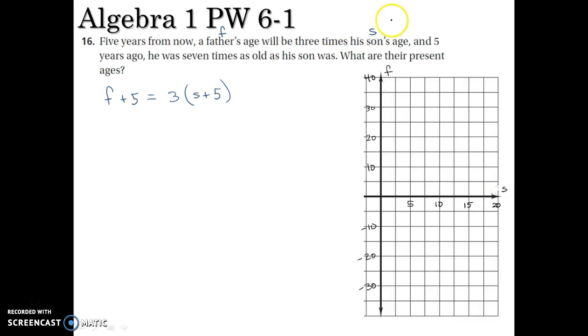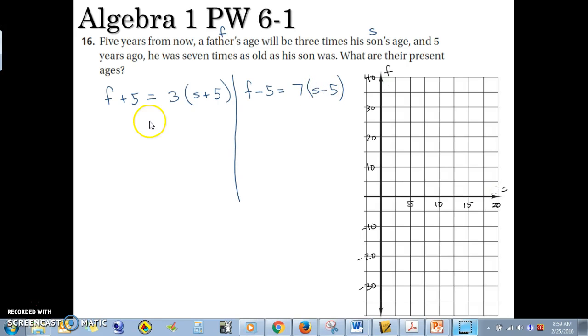Alright, what's the other one? 5 years ago, father would be F minus 5, and son would be S minus 5. And 5 years ago, father was 7 times as old. So father 5 years ago equals 7 times the son's age 5 years ago.